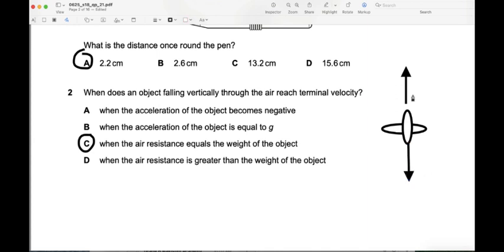So when these two are equal, this is air resistance, so I write air here. And this is the weight.